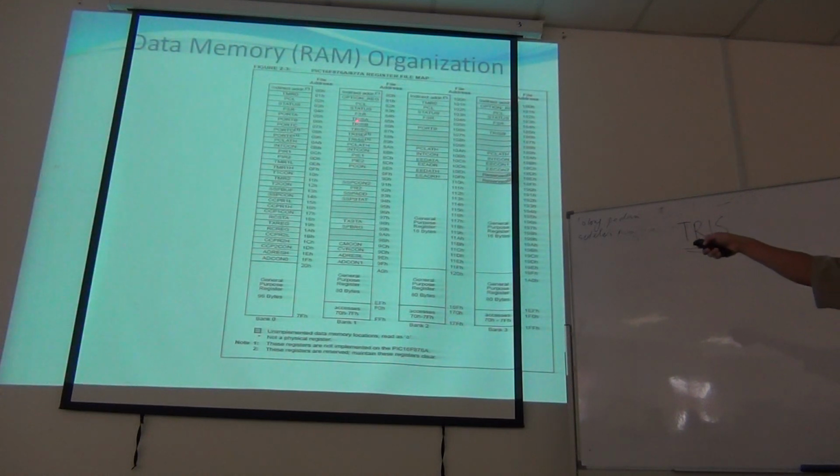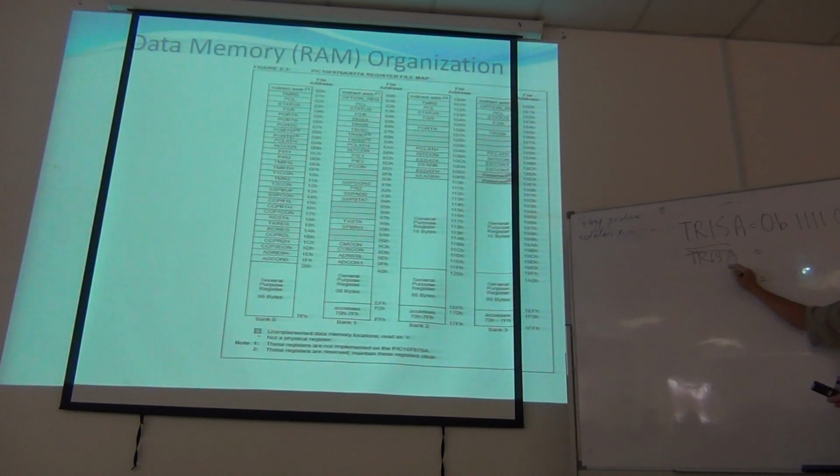For example, if you change the value for TRISA, say TRISA is equivalent to 0B11110000, if you change it to decimal, what will the number be? 11110000 from binary to decimal is 240.